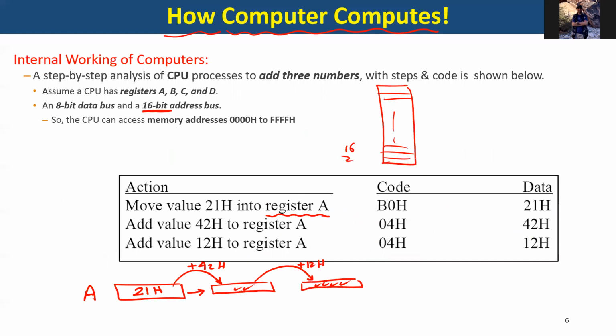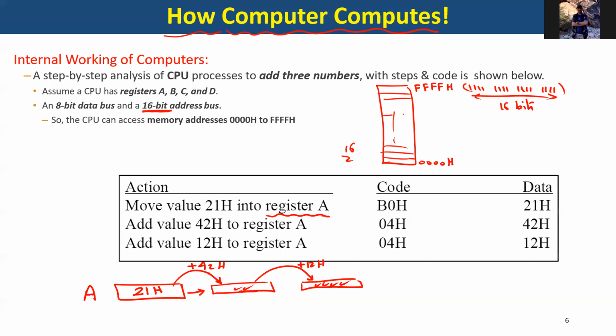So the first location should be 0000 hexadecimal, and the final location should be FFFF hexadecimal, which is 1111 1111 1111 1111 in binary. This is 16 bits. This is the maximum location.